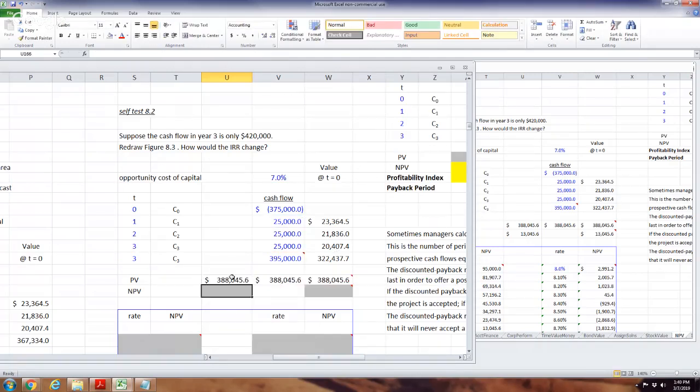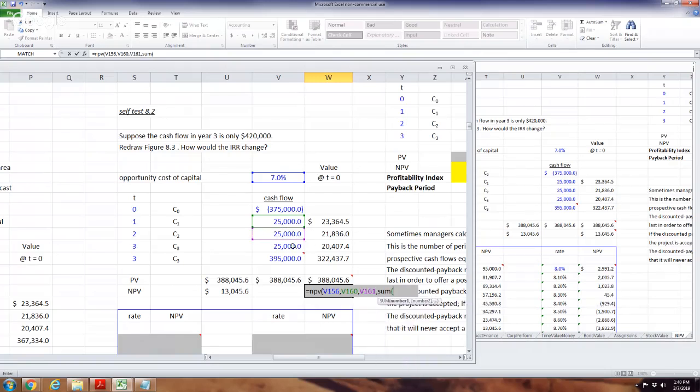Okay, the NPV is simply the present value plus what you come in with, right? And that NPV is 13. And then here we're using NPV, parenthesis, we have the rate, and then you have all your cash flows. Now with this last one, you've got to be careful. You're summing two of these, right?